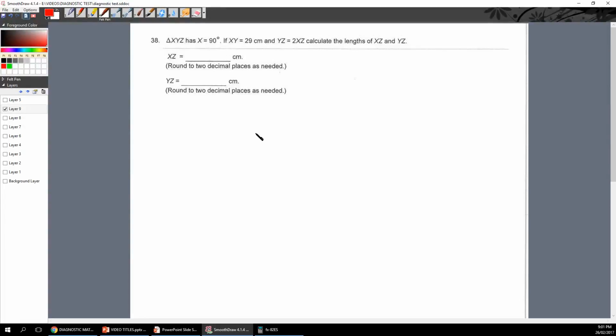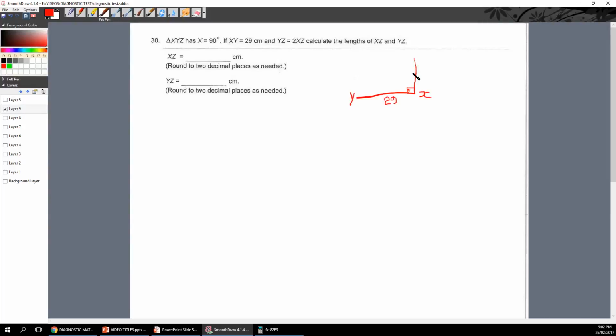Yes, triangle XYZ has a 90-degree angle, so X is 90, so we'll draw a triangle, and that's 90, which we show with that little box, and that's X, so the angle is X. XY is 29, so from X to Y is 29, so that's XY, 29.